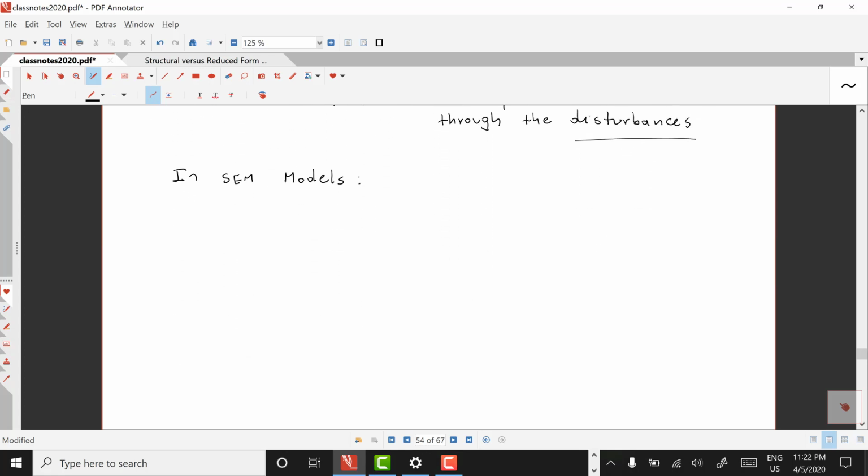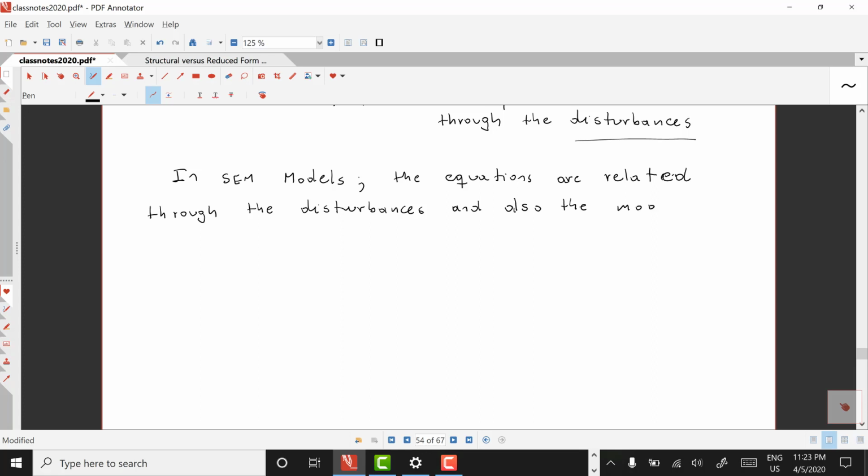So in simultaneous equation models, the equations are related through the disturbances and also the model dependent variables, that is the y_i's.